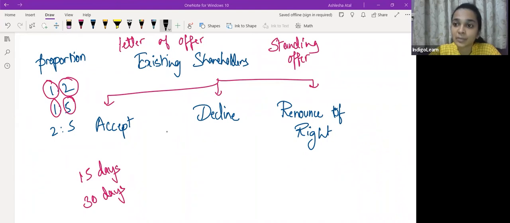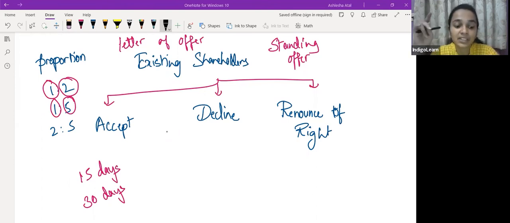However, ये जो टाइम लिमिट है ना 15 days और 30 days का, this time span can be reduced in case of a private company. When? If 90% of the members of the private company, they give their consent in writing or via electronic mode, then in that situation, the time span lesser than 15 days or 30 days would be allowed.